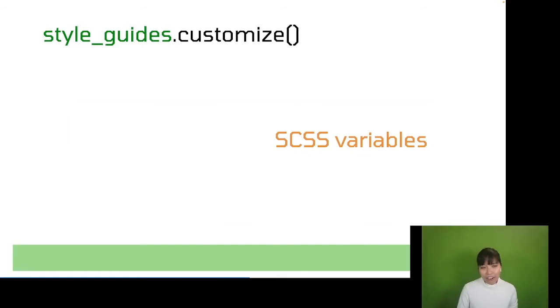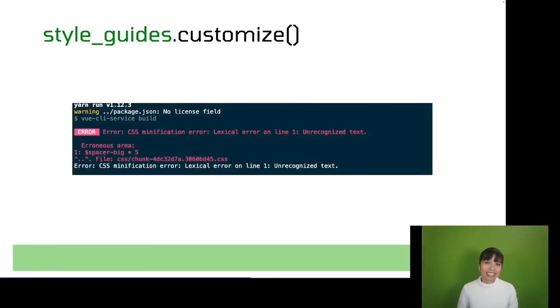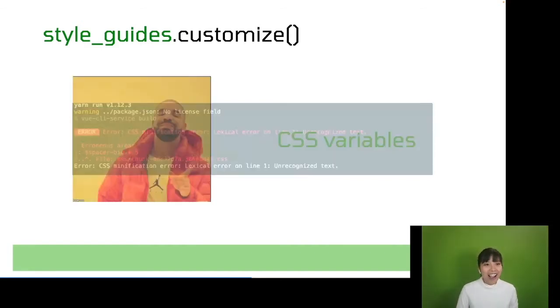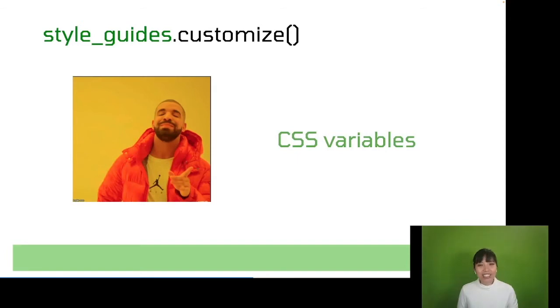SCSS variable is better, but again, because it requires compiling into a real CSS file, sometimes you get into this problem, which will make you feel very bad. So the best solution is using CSS variable.